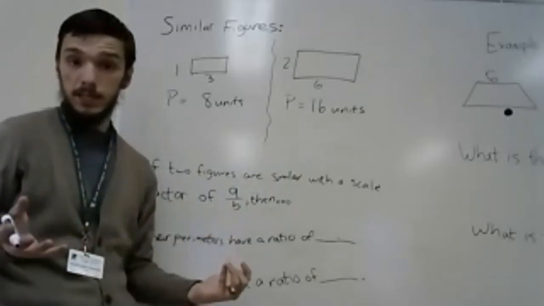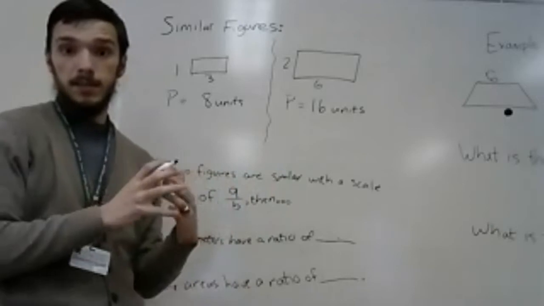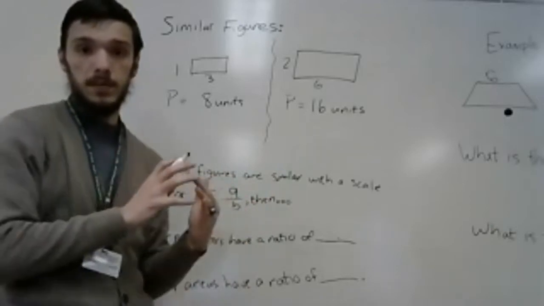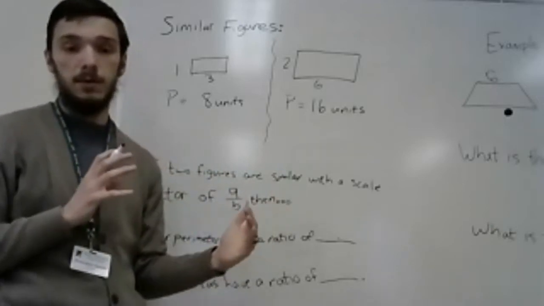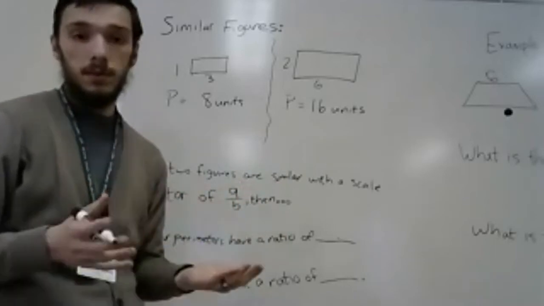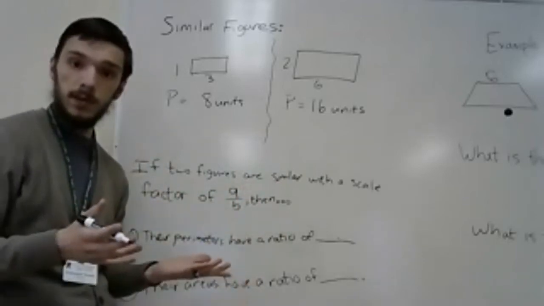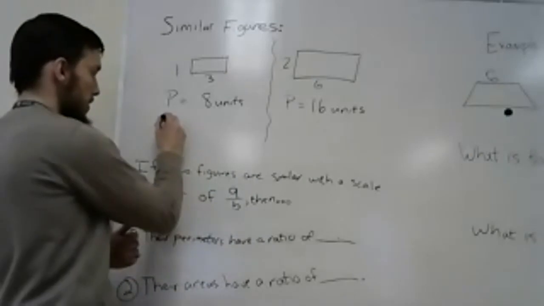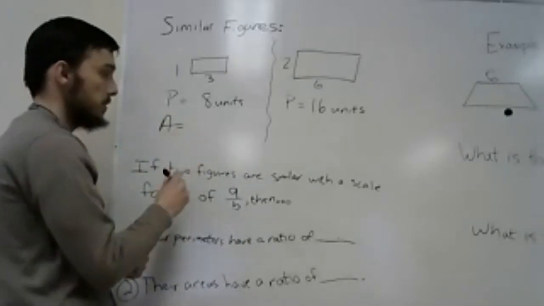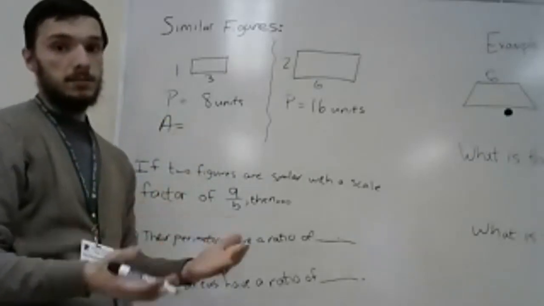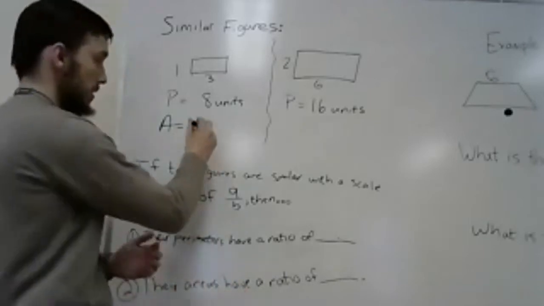Let's take a look at the area. My guess and your guess is probably that this scale factor will still be evident in our areas. So let's just calculate it real quick and see what we find. So the area is the length times width of a rectangle.